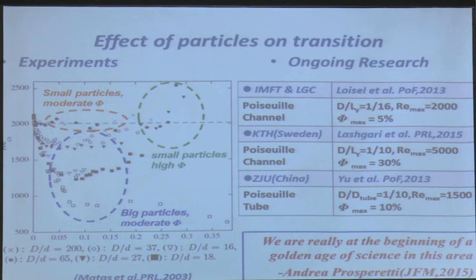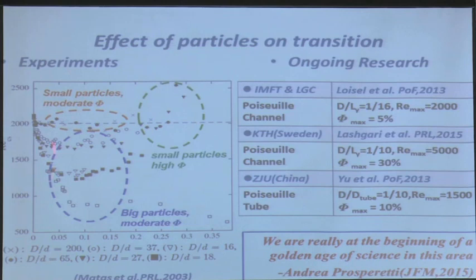Again, these are experiments in a pipe flow, and they measured the onset of turbulence with different volumetric concentrations of particles on that axis, and with different size ratios. Capital D is the pipe diameter, and small d is the particle diameter. So D over d large means very small particles, and D over d of 20 means big particles.